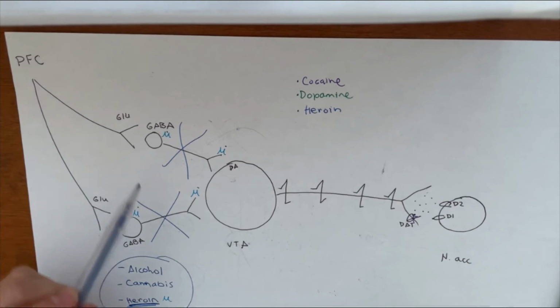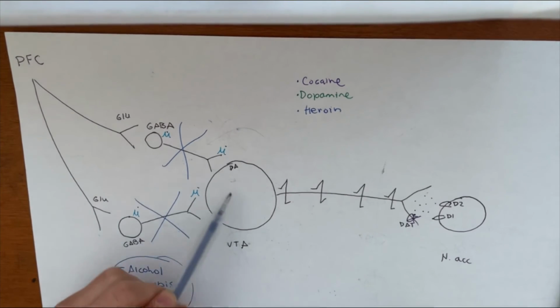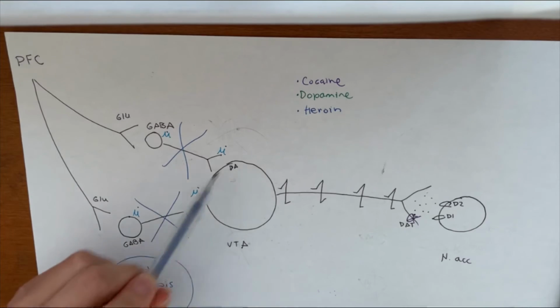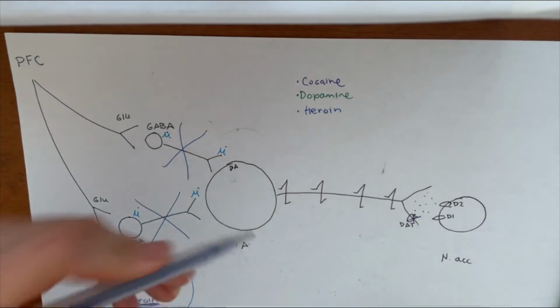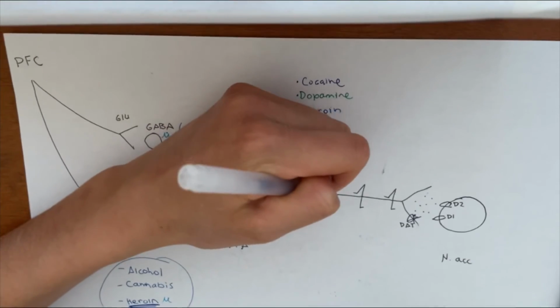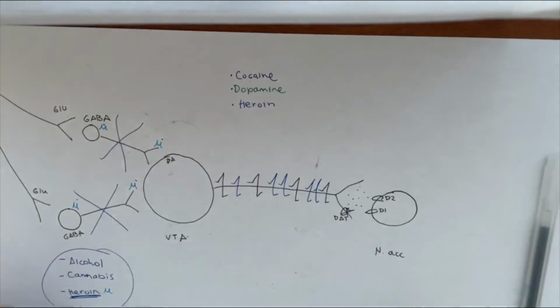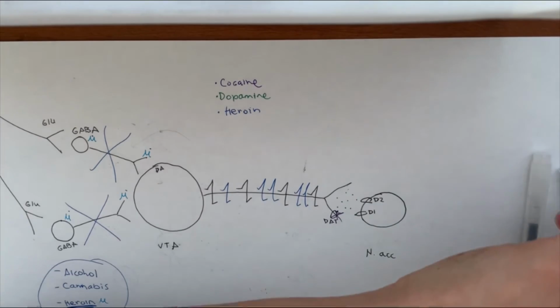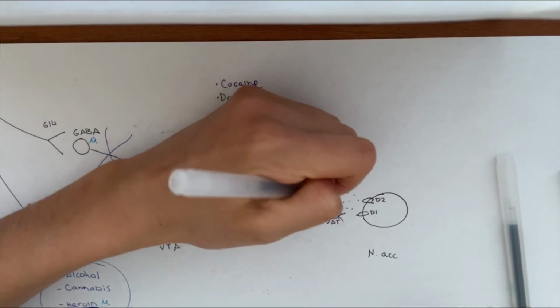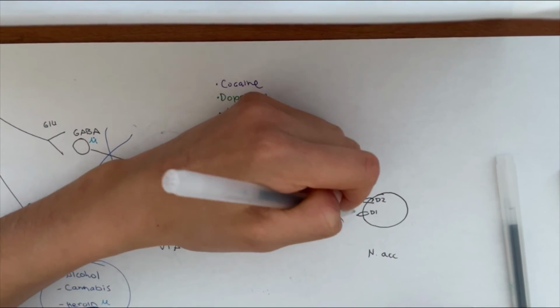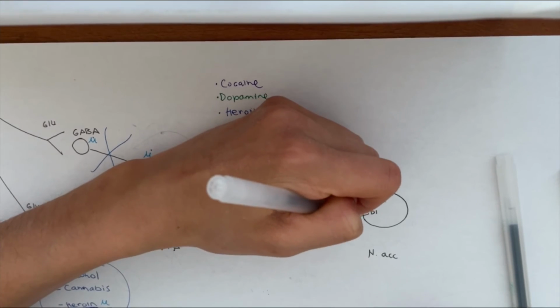Then what happens is, because these inhibitory projections are not on this dopaminergic neuron in the VTA, this can release more action potentials. So this is my increase in action potentials, meaning that you have even more dopamine release, which means even more binding.